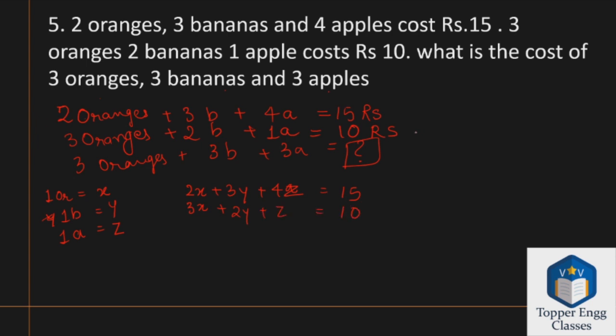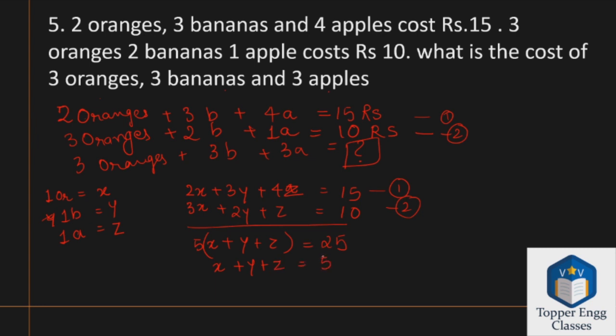That is equation 1 and 2. So adding both the equations, we get 5 into (x plus y plus z) equals 25. That is nothing but x plus y plus z equals 5.